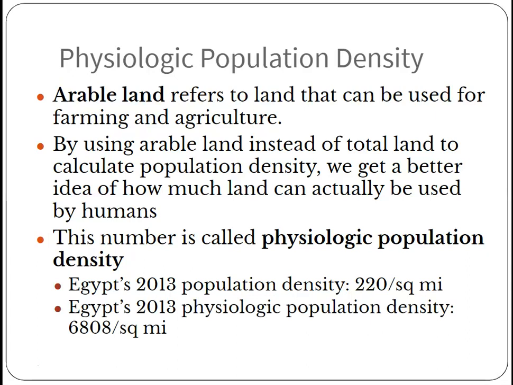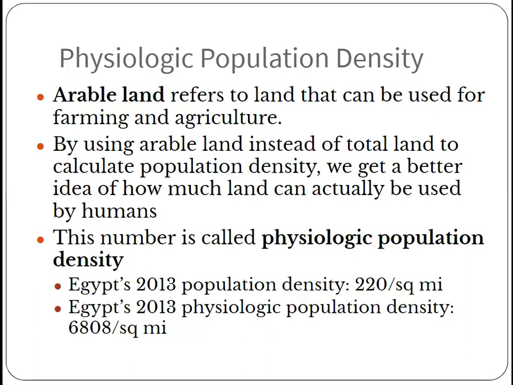But then if I look at just that arable land, the land that's usable for farming, which in Egypt is not very much, right? It's like 3%. If I look at that physiologic population density, I have 6,800 people per square mile. So considerably more dense. So these are two very different numbers, and they give you two very different stories of where the population in Egypt is spread out.